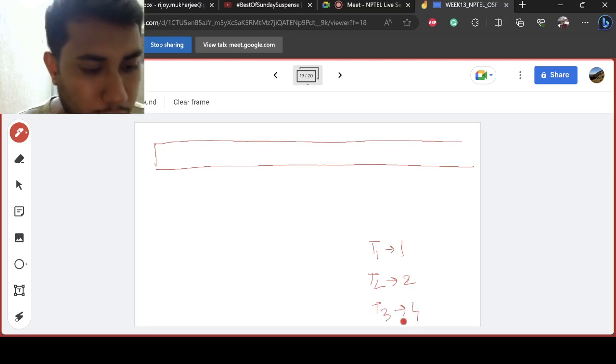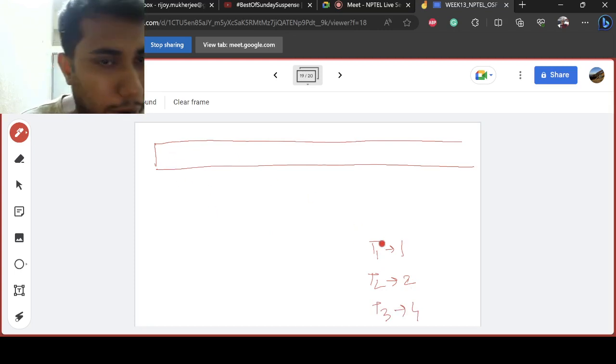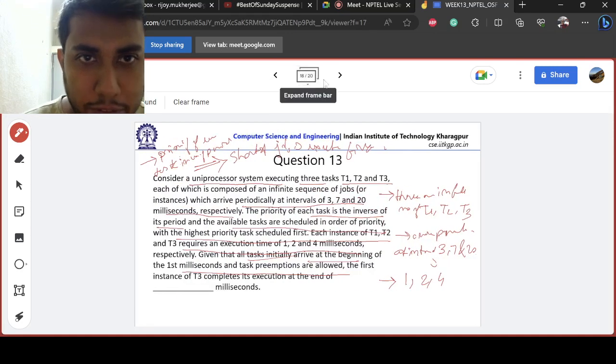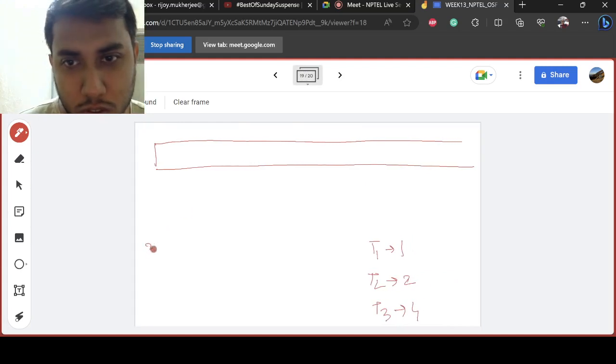So this is the sequence, and this is the order of priority, and they arrive regularly at intervals of 3, 7, and 20. So initially all of them are present at the first time.